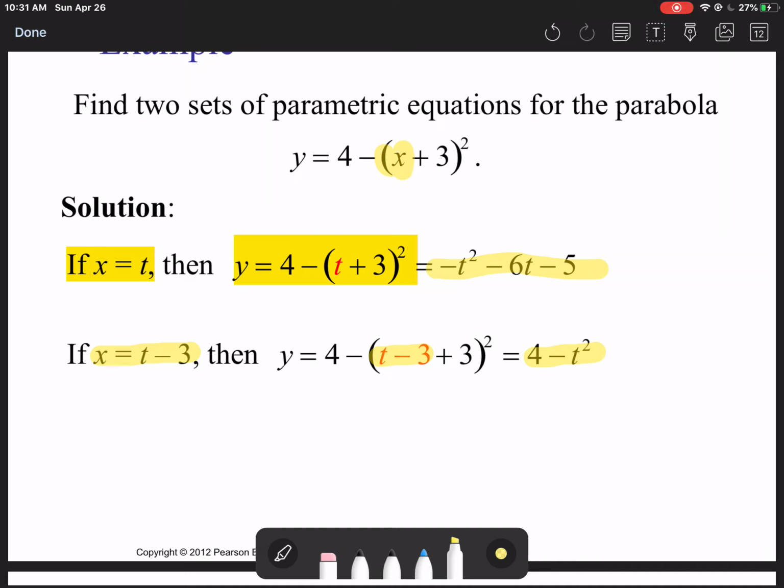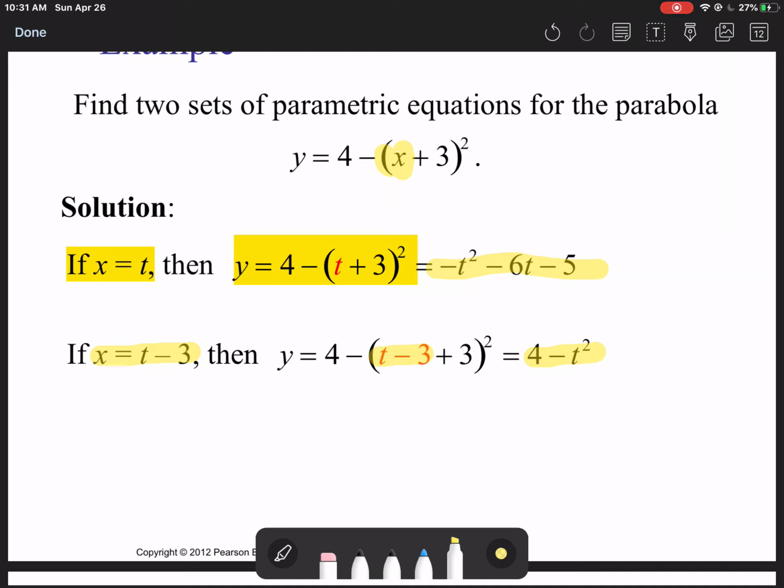But there are other ways. In your homework, you're going to see these types of questions where you're asked to represent your Cartesian or rectangular equation using two sets of parametric equations. That's how you do it. Ultimately, there's no limitation as far as what those equations can look like.